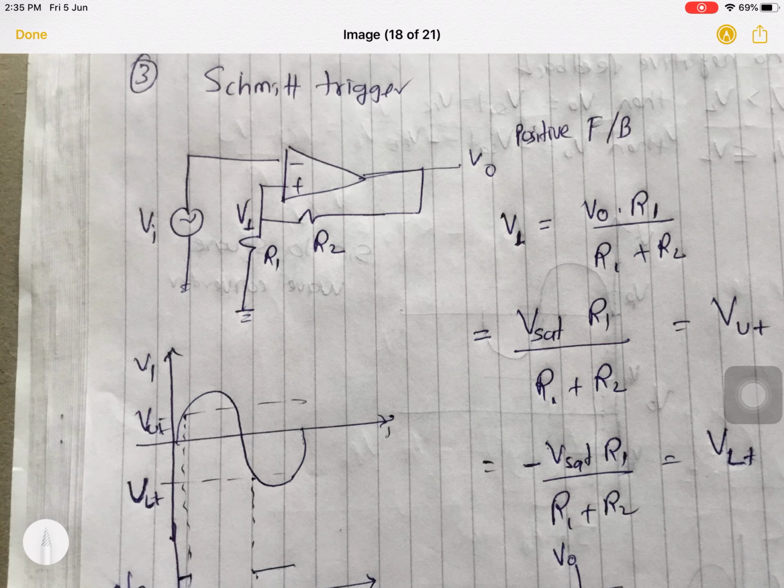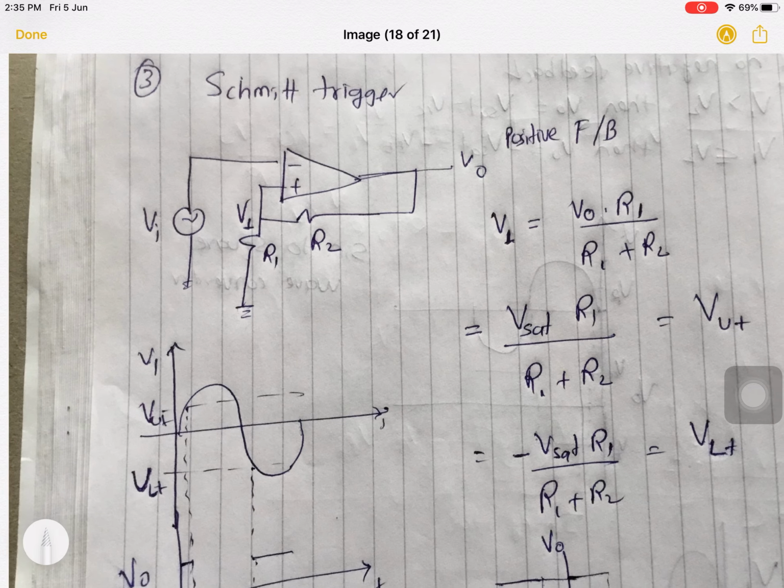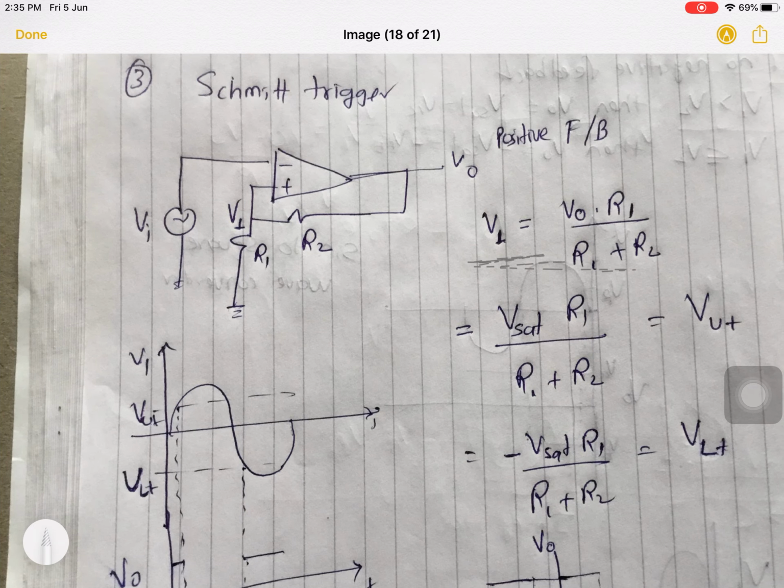Now we have to calculate the value of V1. Here we can apply the voltage divider rule. V1 equals V0 times R1 upon R1 plus R2. If V0 is Vsat, then it is the upper threshold voltage, VUT.